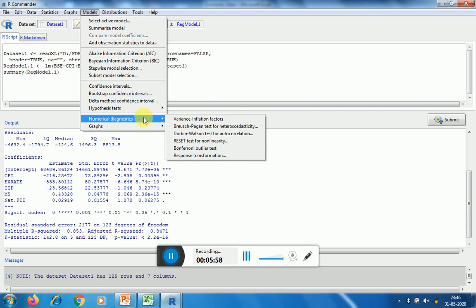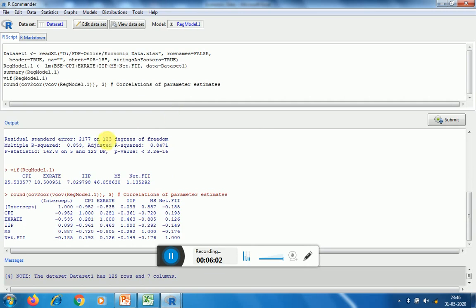So first go for numerical diagnostics. Here we have seen that the variance inflation factor is very high in some cases, so it should be less than 10. If it is more than 10, then that is not good for our model, and that is why the model which we have fitted may not be appropriate, because there might be a strong degree of association, or we can say correlation, between two or more independent variables.